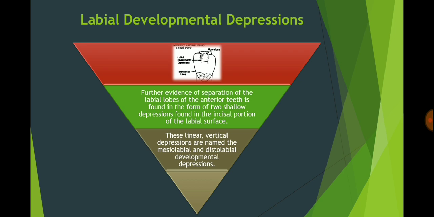And the linear developmental depressions, the vertical depressions, are named according to their position. So you have the mesial, distal, and middle labial depressions. But the middle labial is not there, so you only have the mesial and distal labial developmental depressions. Okay.